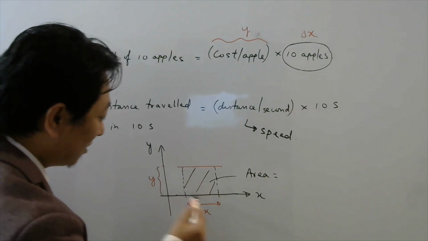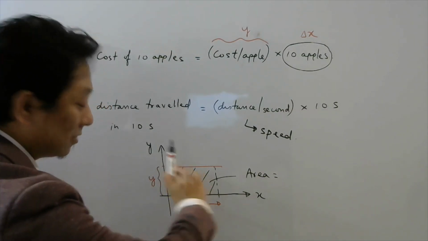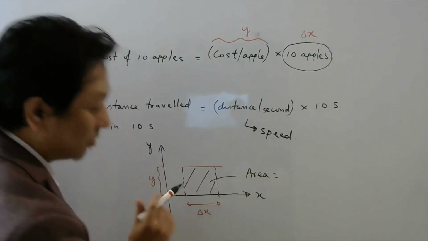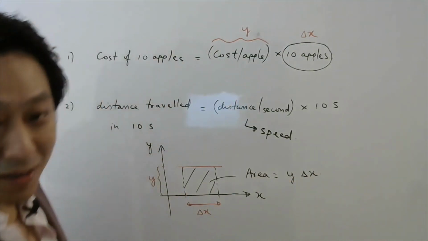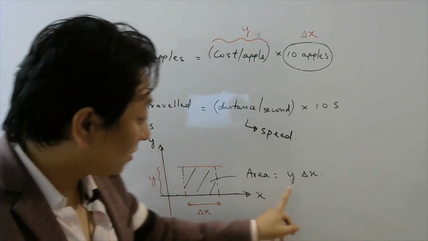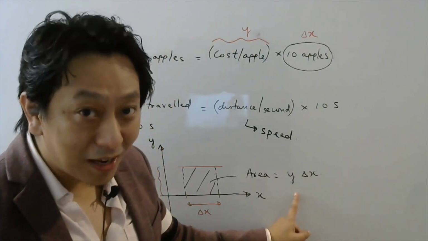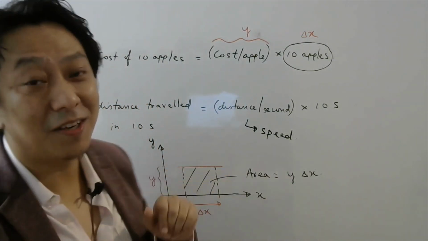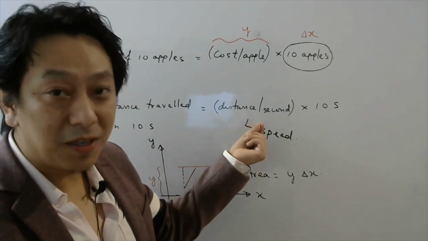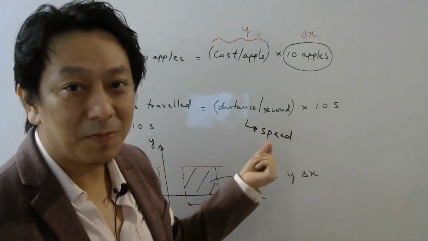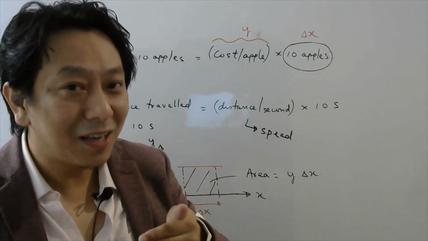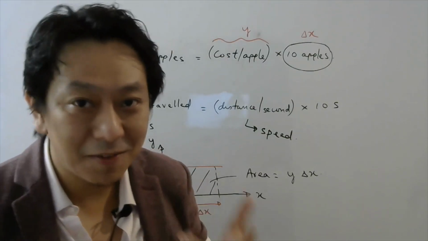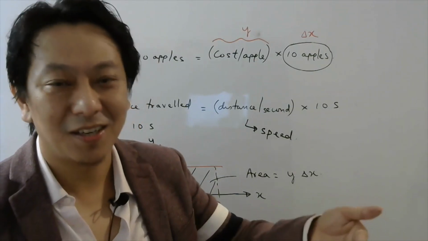So the area of this rectangle would be, your length is y and your breadth is delta x. So y into delta x. Now as we discussed before, this kind of multiplication is only allowed when your y is constant. For example, here if speed is constant, then you can multiply speed and time to find distance. But you know that in our day-to-day life, the speed is never constant, right? It keeps on changing, isn't it?